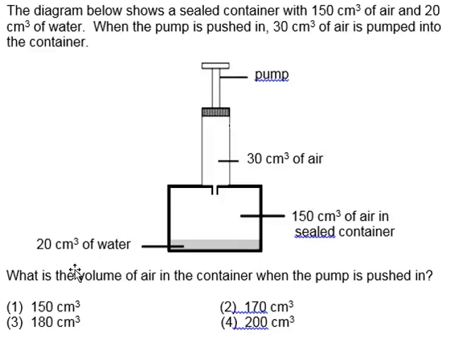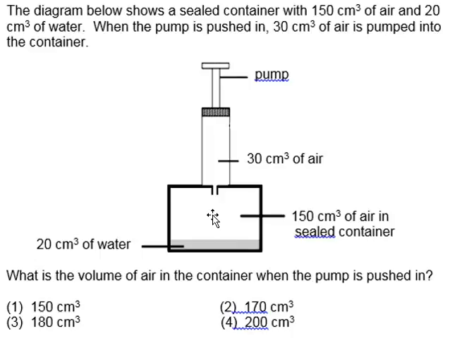But 20 cubic centimeter of it is filled with water, and 150 is occupied by air. Now, when the pump is pushed down, 30 cubic centimeter of air is pushed into the sealed container. So they're asking you what is the new volume of air in the container after the pump is pushed in?